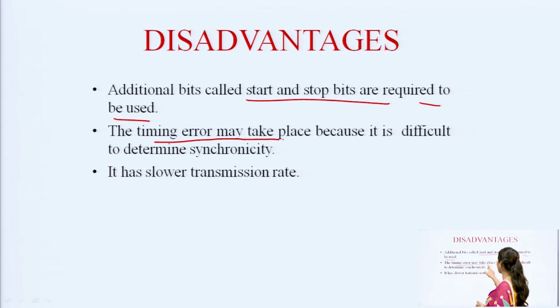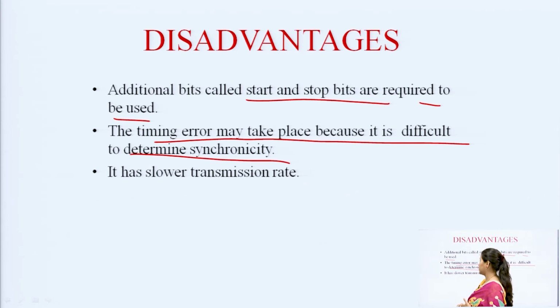Timing error may take place because it is difficult to determine synchronicity. Yes, timing error can occur in this case, because we are not using a clock. The only way of achieving synchronization is using the start and stop bits. The sender and the receiver have different speeds, so obviously timing error can occur.